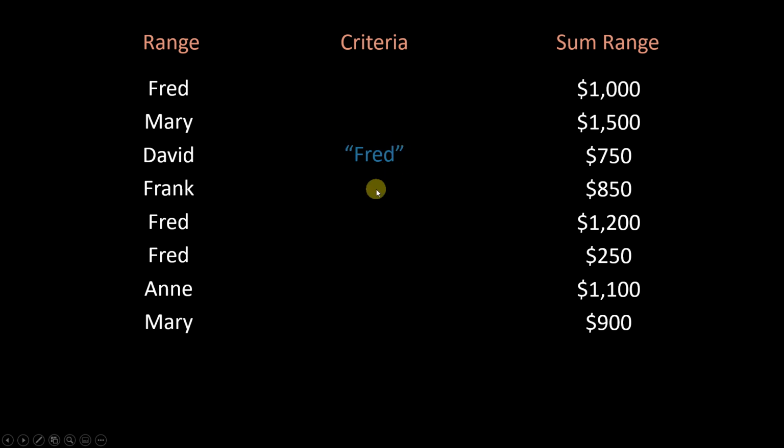Now the important thing here is, if you remember previously in the other examples, the criteria can be typed in like this, say "Fred" with double quotes, so it searches for that particular string. But it's not a professional way of using Excel spreadsheets. We want to use a reference somewhere within the spreadsheet, which means we would type this value into a cell and replace this text with the cell reference.